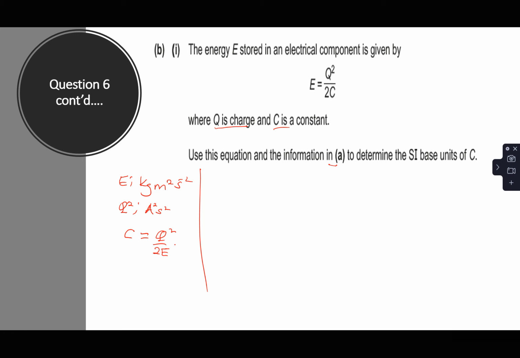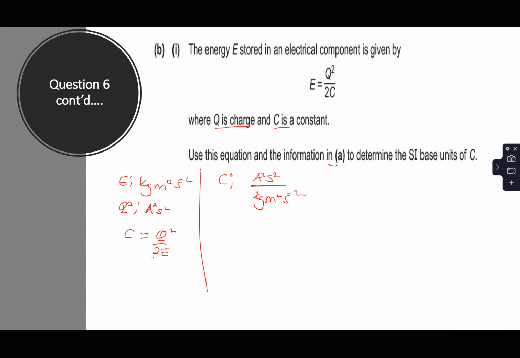So I can't include 2. So since I have the base units of each quantity I need, I will simply say that the base units of C are going to be those of charge, which are ampere squared seconds squared, divided by those base units of E, which will be kilogram meters squared per second squared.